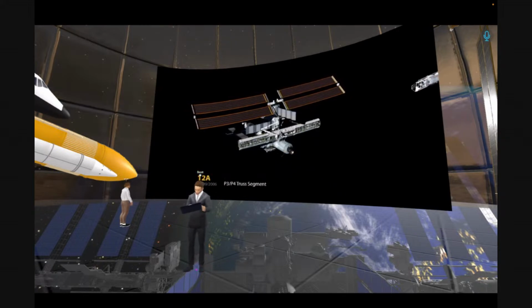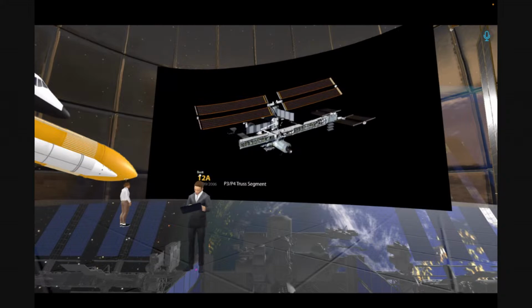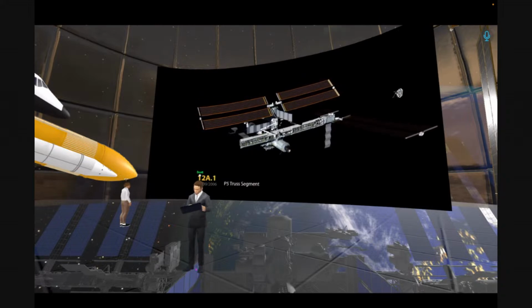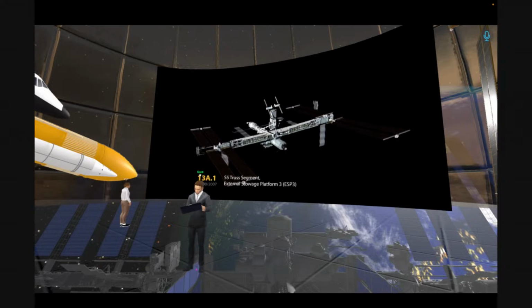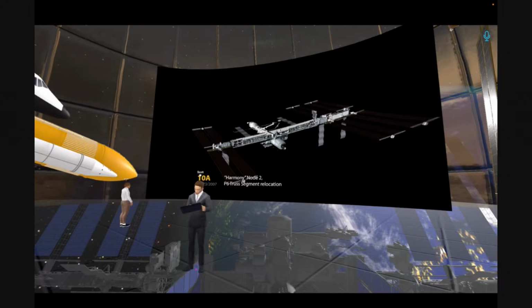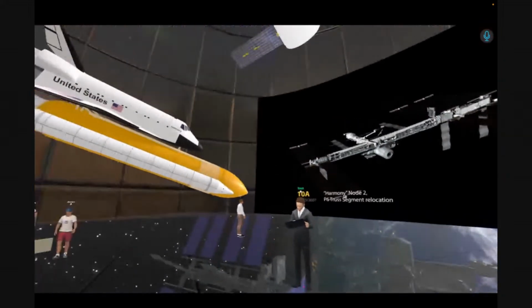And you'll see more solar panels appear as the space station gets bigger. There needs to be more power. More solar panels again. And then you get more solar panels.